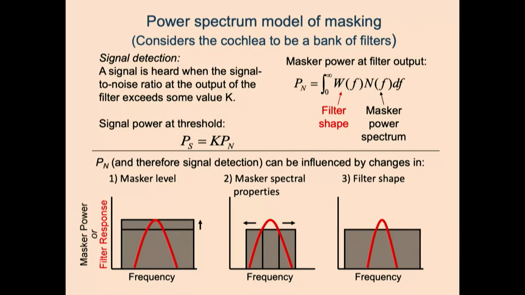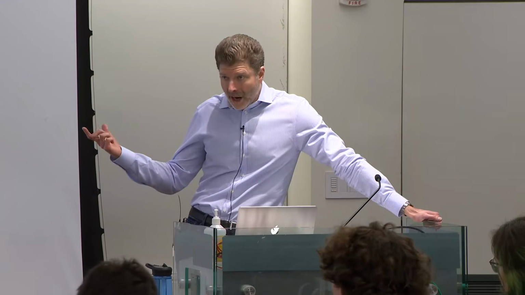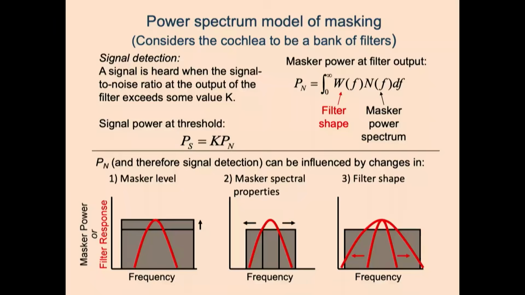We're assuming there's a fixed filter shape in your ear, but we don't know what it is. One hypothesis might be that it has this shape, another that it has this shape. If the filter is wider, there will be more noise power coming through it, and thus it should make it harder to detect the tone.